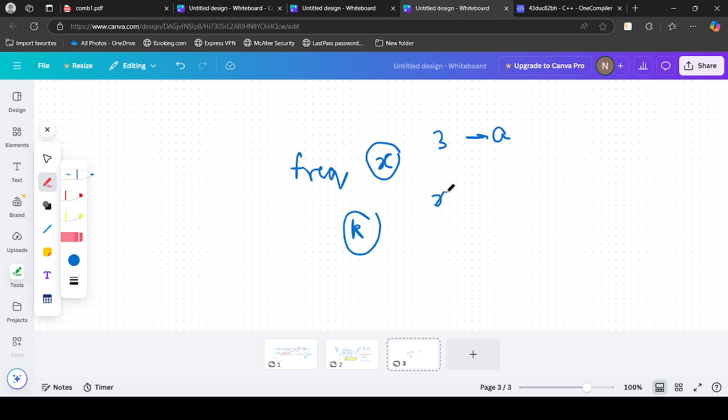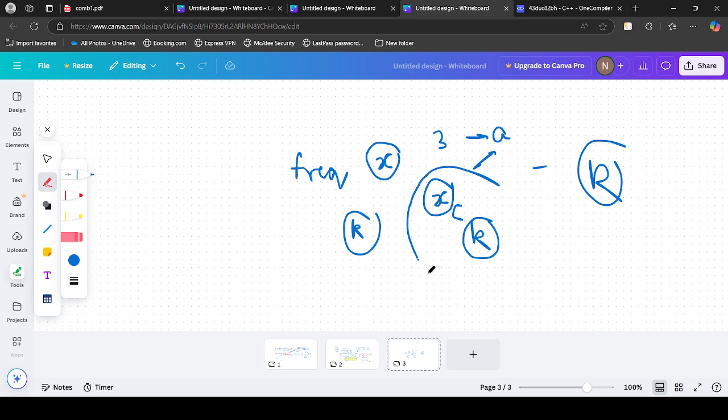So now the number of subsequences is xCk. Why? Because we have x occurrences of this character, and we want only k characters of this character to appear in the present string. So we can select any k from all the x occurrences. So the answer is xCk according to this character.